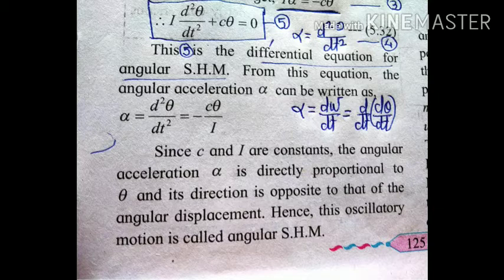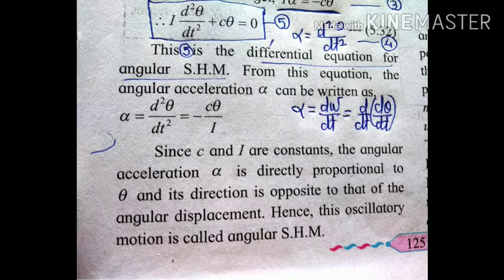And from this, d2 theta upon dt square, that is equal to alpha, is equal to minus C theta upon I. This equation is the formula for angular acceleration alpha.